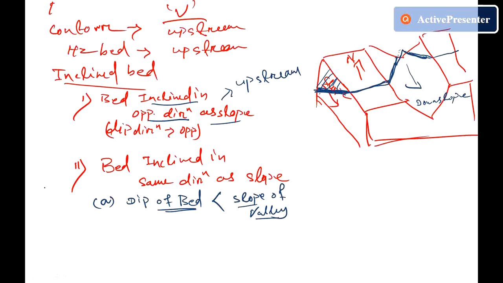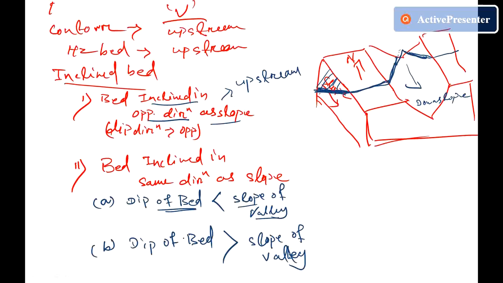And the second condition is the dip of the bed is greater than the slope of the valley, right? So in which direction will it point V?